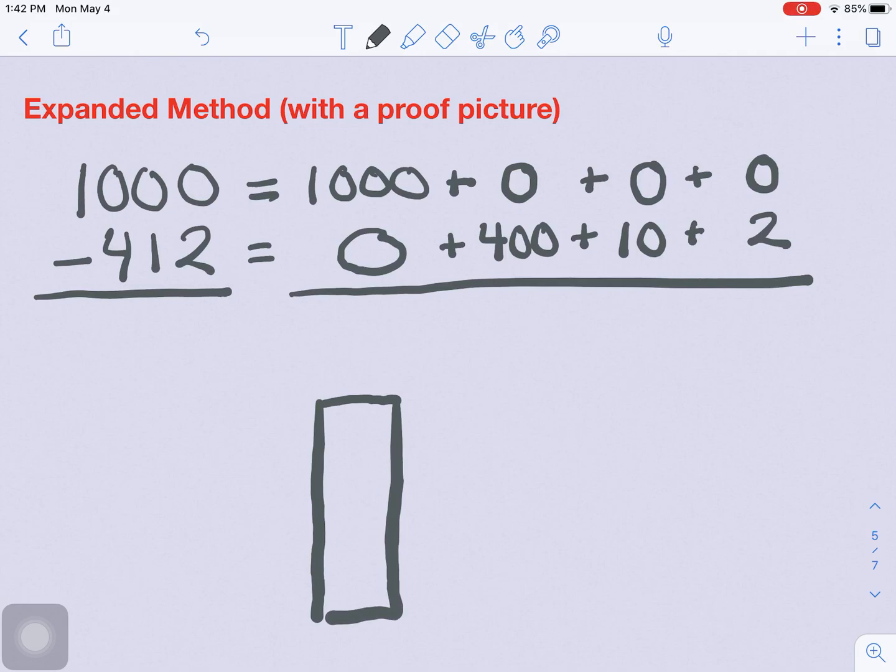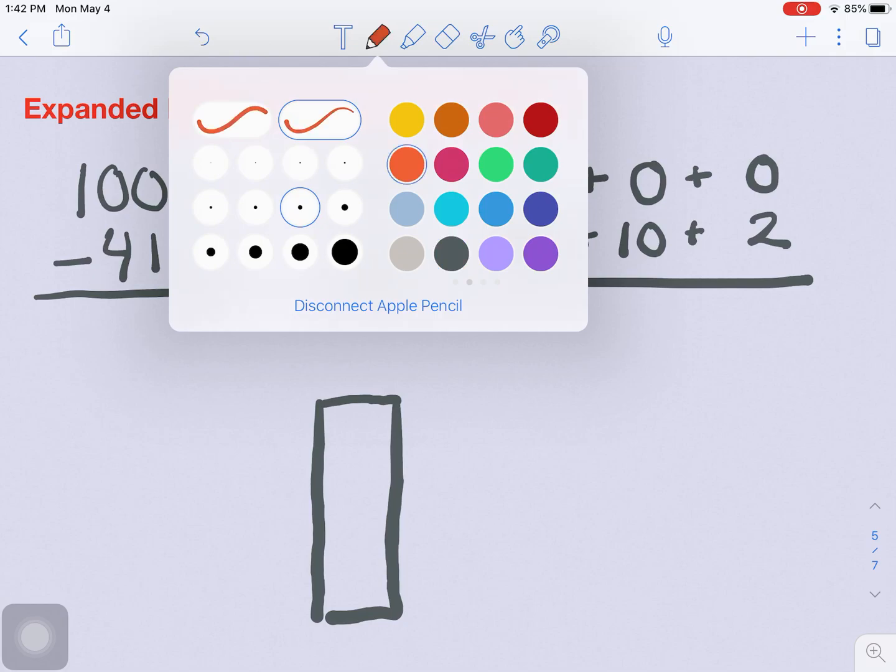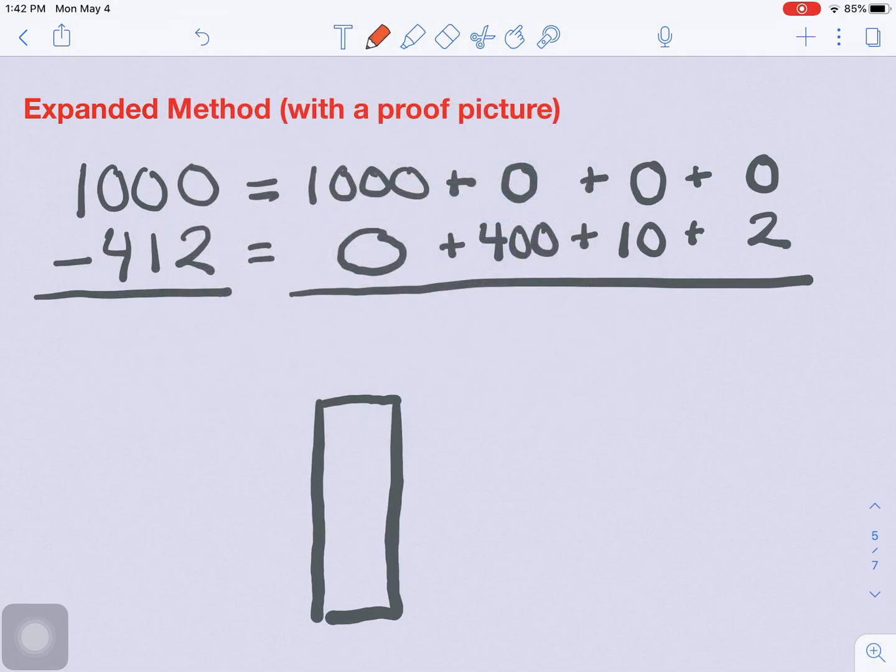And this is where it's going to get a little tricky, so please try to stay with Mrs. Hagedorn. I would first ask myself, do I have enough ones? Well, I don't have enough ones. Do I have enough tens? I don't have enough tens either. Do I have enough hundreds? Well, not at this time, not unless I ungroup this big 1,000. All right, so if I'm going to do that, I'm going to ungroup my 1,000.